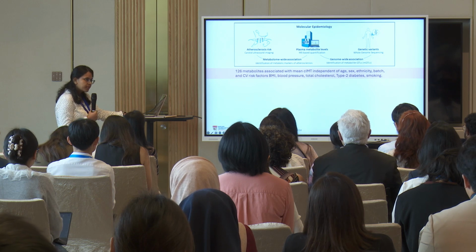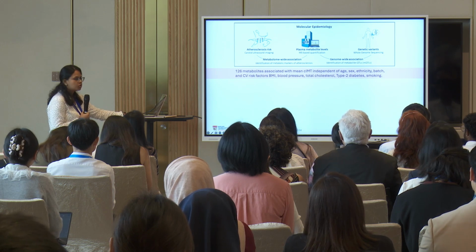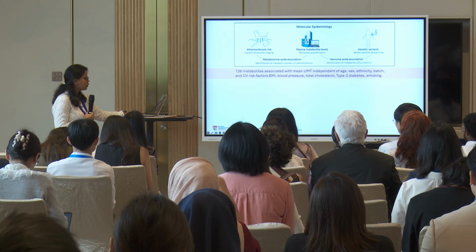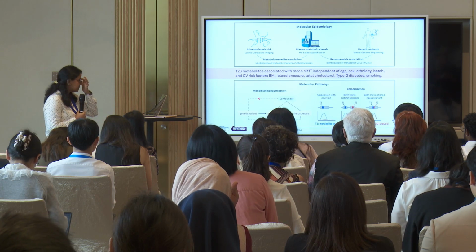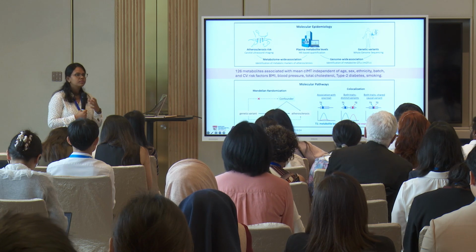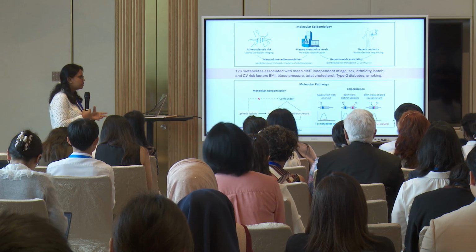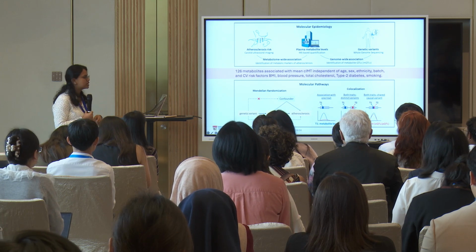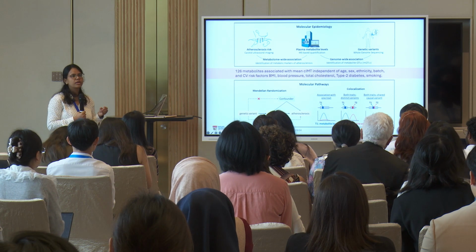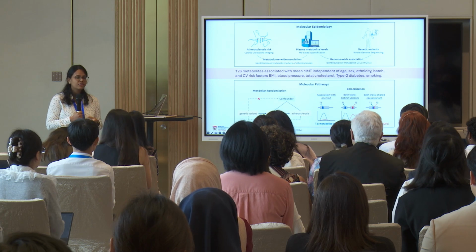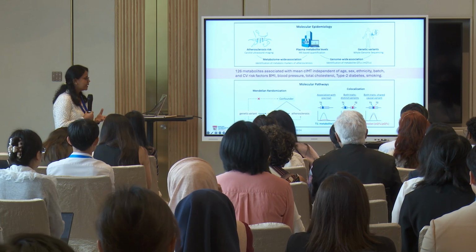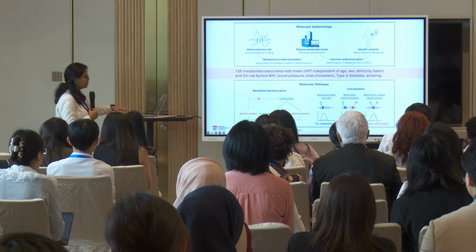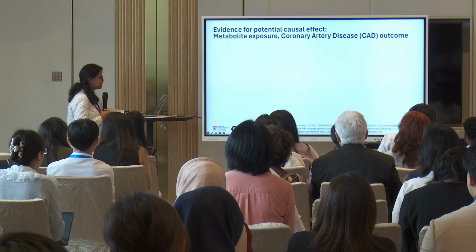For these 126 metabolites, we also conducted genome-wide association studies with genetic data available in this cohort. The summary data from the GWAS was then used to perform downstream analysis, such as Mendelian randomization studies and co-localization studies that would help us identify potential causal mechanisms. Thankfully, Konstanze has already talked about Mendelian randomization and co-localization, so I will skip over that.